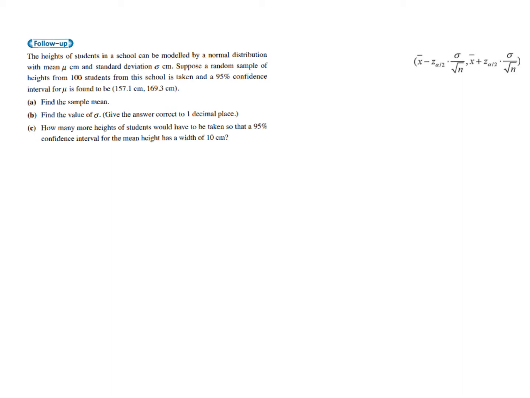The height of students in a school can be modeled by a normal distribution with the mean and the standard deviation. Suppose a random sample of the height from 100 students. So you have n is 100. And then taken for a 95% confidence interval, which means that you can take z equals 1.96.